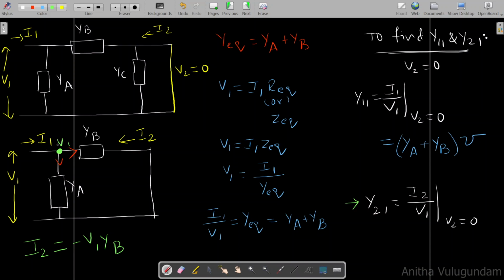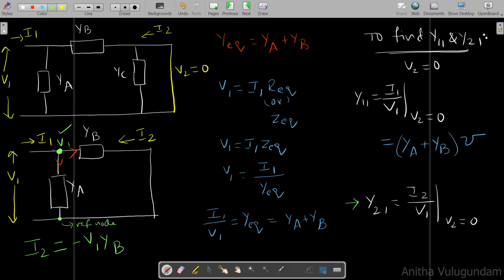While applying nodal analysis, we consider one node as reference node, which is a ground point.